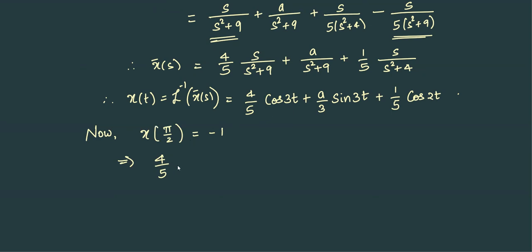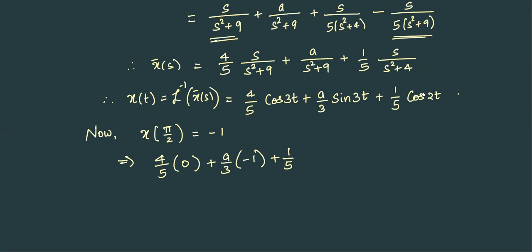90, 270, so on. So 4 by 5 times cos 3 pi by 2 is 0, plus a by 3 sine 3 pi by 2. Sine pi by 2 is 1, sine 3 pi by 2 is -1, plus 1 upon 5 cos 2t, right?